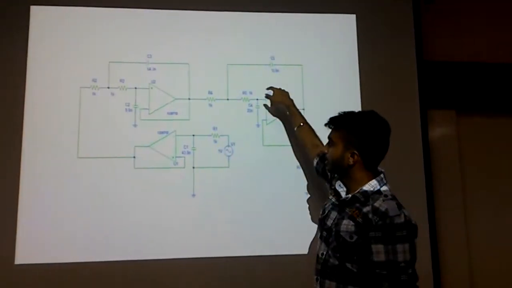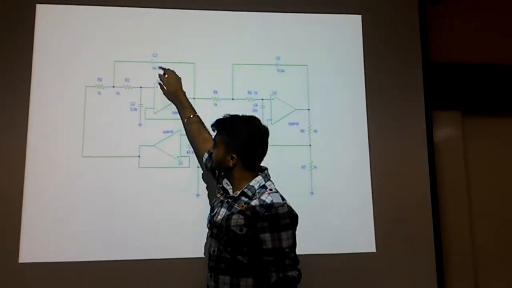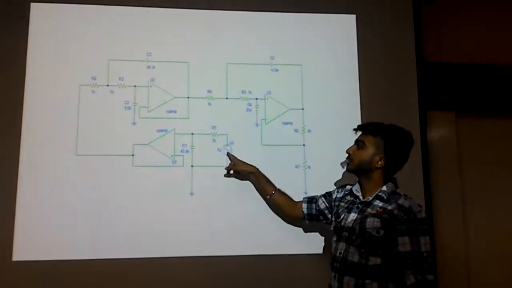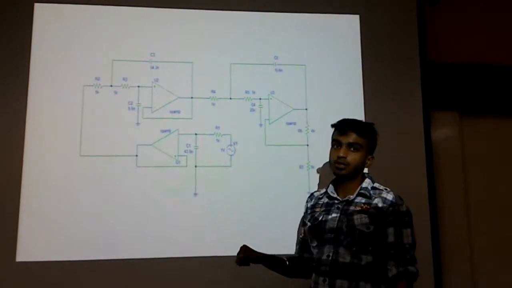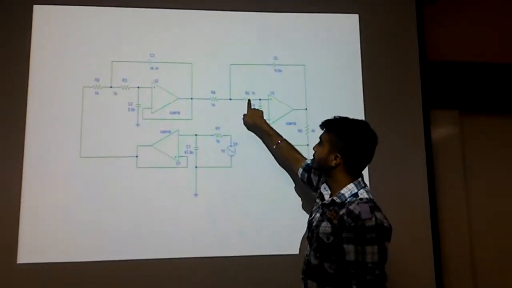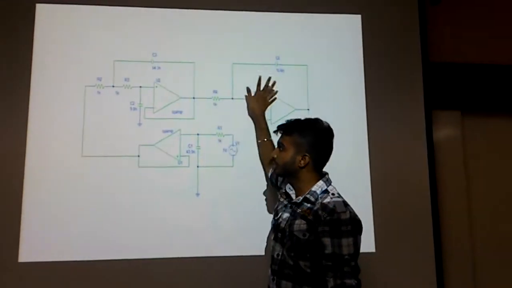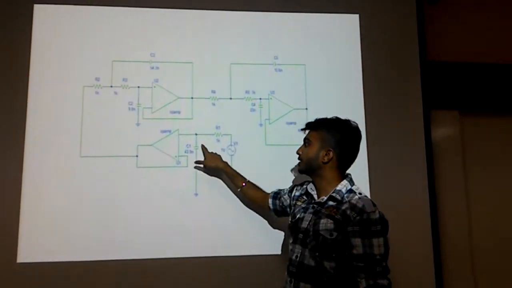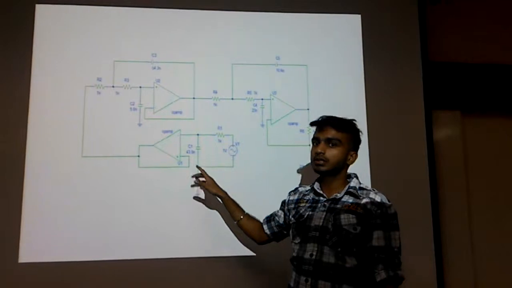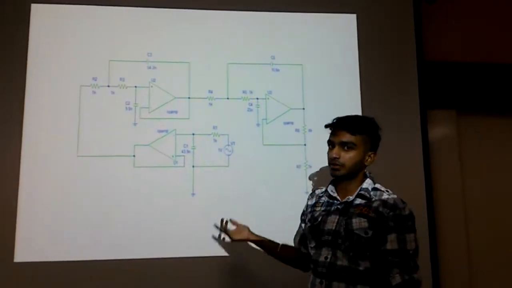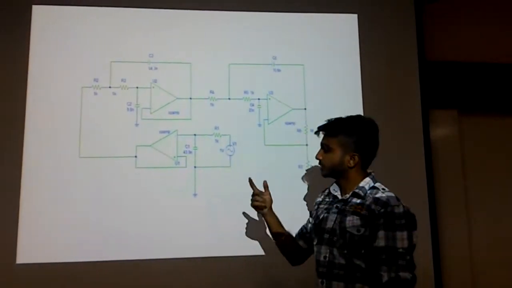This is a second order filter. This is another second order filter, but this is a first order filter. Why am I saying that? Because here I find two capacitors, two resistors, the same configuration, and here we have only one capacitor and one resistor. So this is how you find whether it's a first order or second order filter.